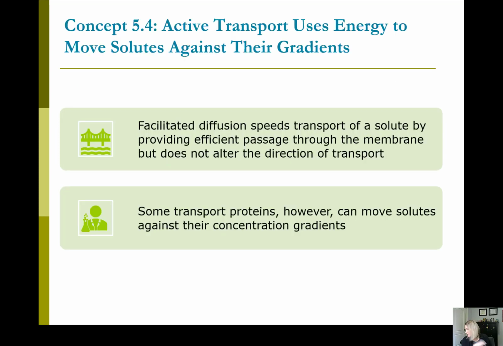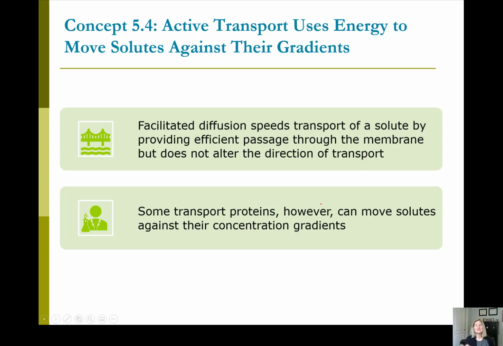All right, so we've talked about passive transport, in the sense of simple diffusion, facilitated diffusion, and osmosis. Now we're going to take a closer look at going against the concentration gradient. So this is where we have something called active transport taking place. So we know that with facilitated diffusion, we can have substances go from high concentration to low concentration.